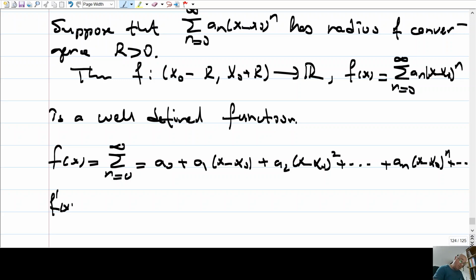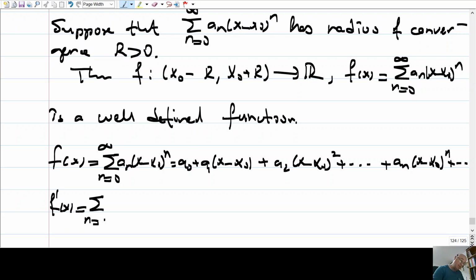And we know from advanced calculus or analysis courses that, okay, f is the sum of an x minus x0 to the power n, so a0 plus a1 and so on. What is the derivative? Derivative is this.